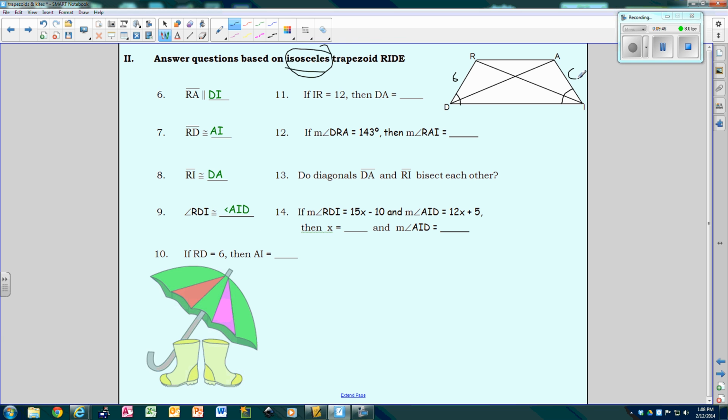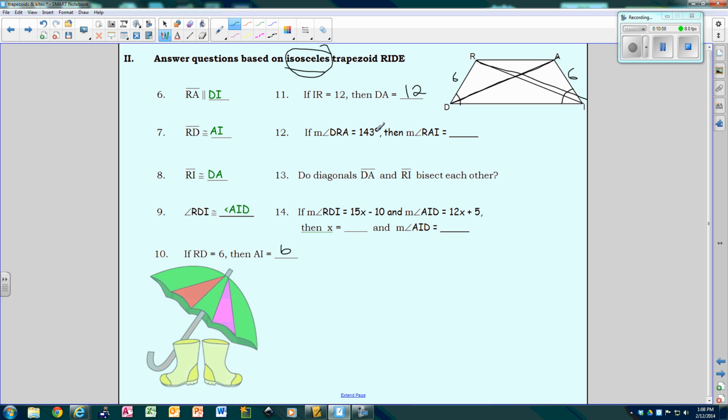AI is also 6. If my diagonal IR is 12, then this diagonal is also 12, because they're congruent.